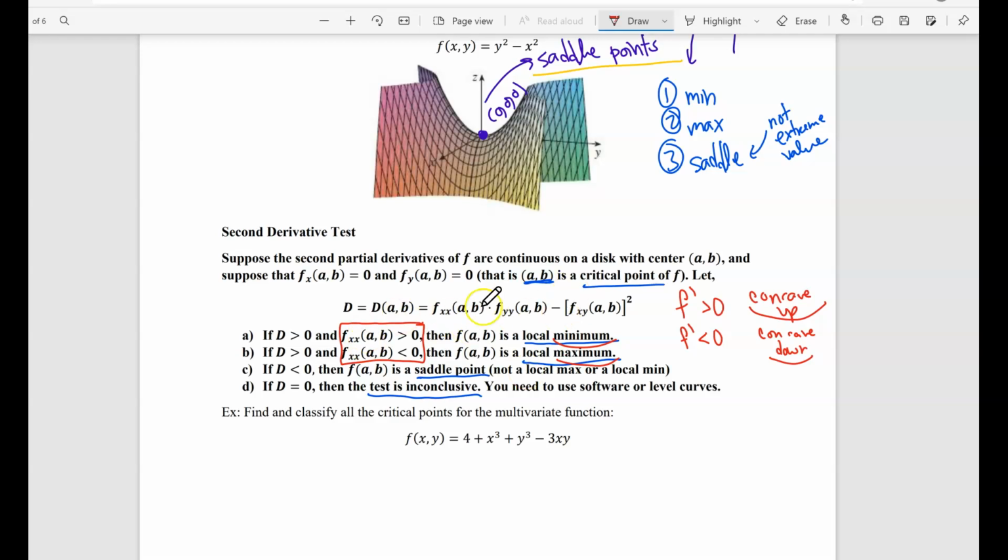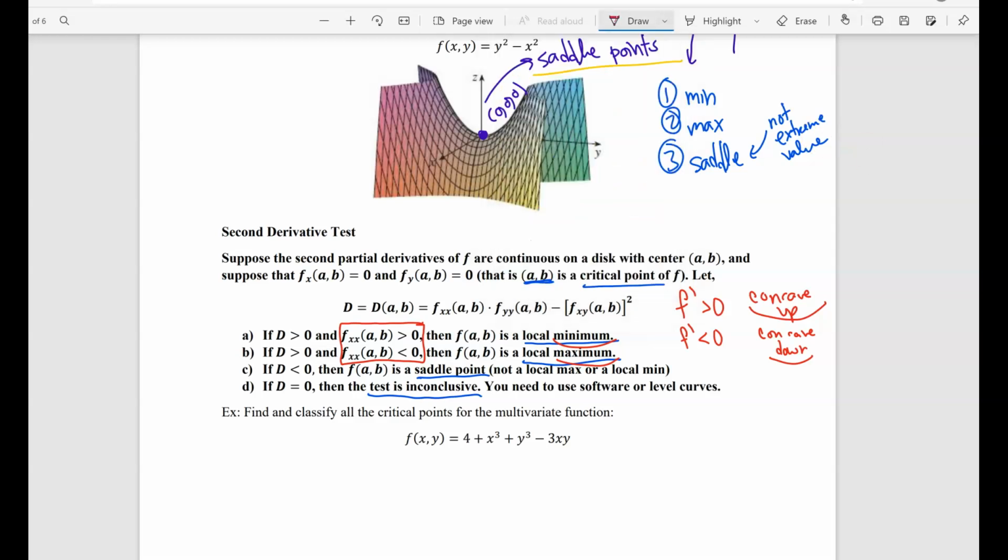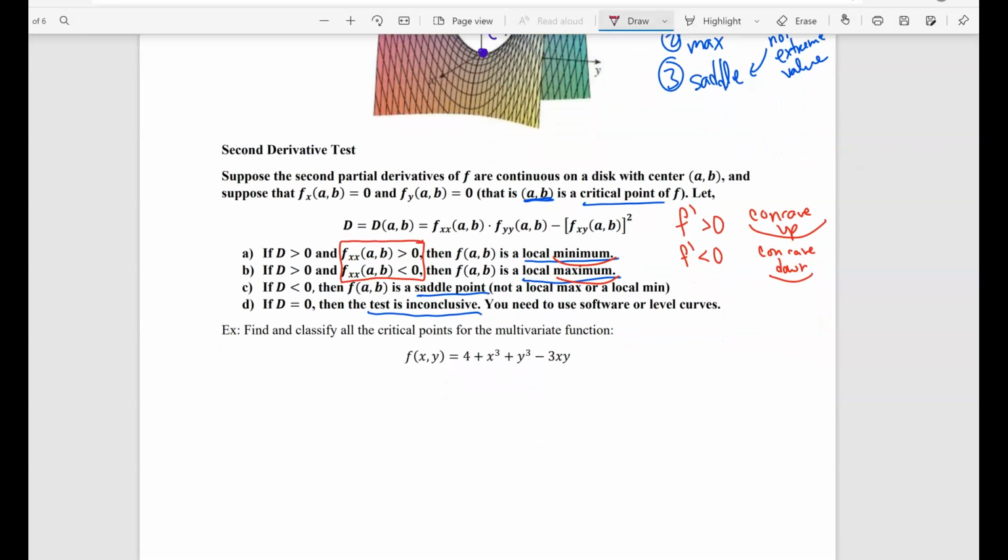Now, when I think about this formula, I don't really memorize it. What I like to do is write it in a matrix. So write f sub xx, f sub xy, f sub yx, and then f sub yy, where on the diagonal you have the partial derivatives of the same variable, and in the off diagonal I have the mixed partials.